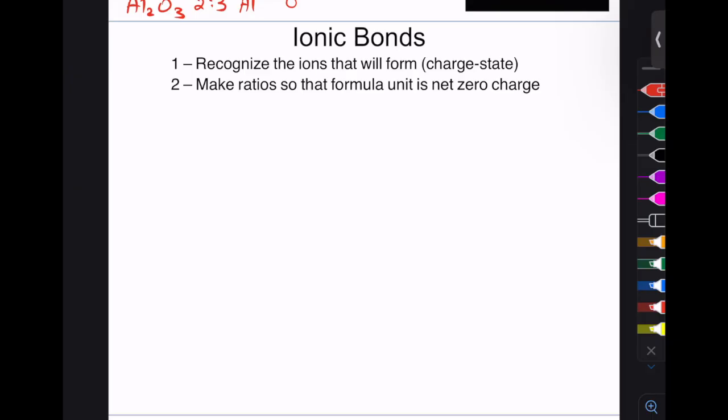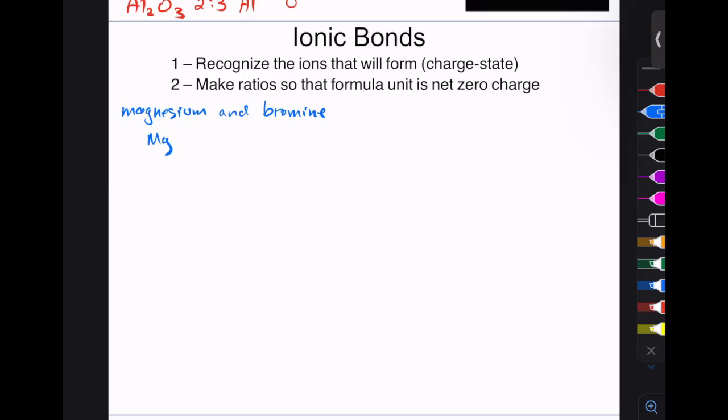So here are the 2 steps written for you again, and let's use an example. Let's say I give you some magnesium and some bromine. So let's do step 1, magnesium. What kind of ions do we form with magnesium?